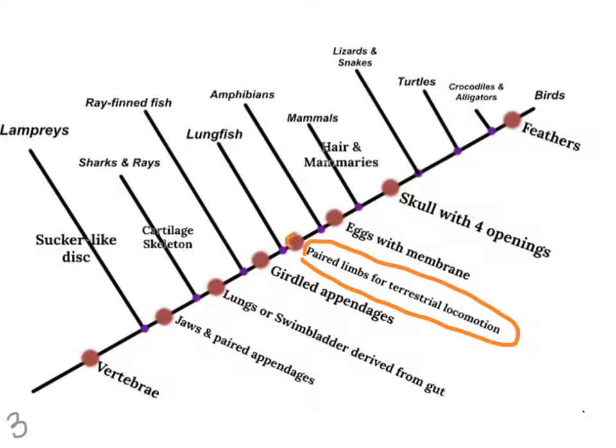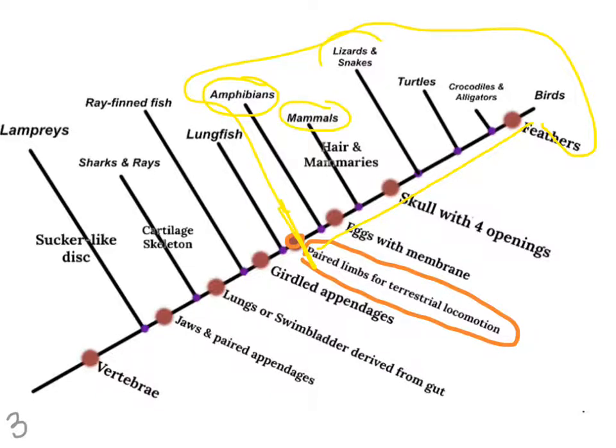And this little dot on the cladogram represents the development of that shared derived characteristic. So what we're saying is that every group above that point on the cladogram has that characteristic. So that would be amphibians, mammals, lizards and snakes, turtles, crocodiles and alligators, and birds. They all have paired limbs for terrestrial locomotion.